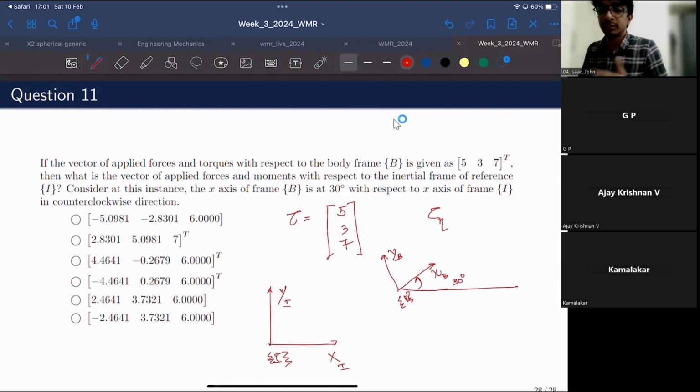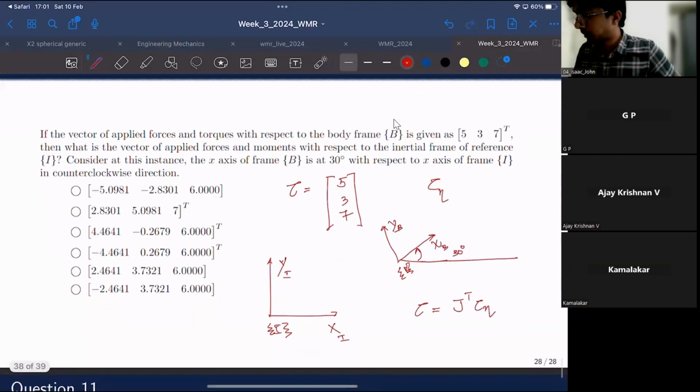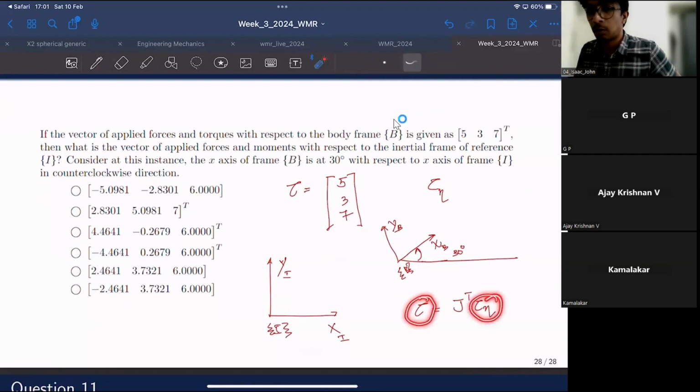From the conservation of power, we have basically discussed the mapping between tau and tau eta. If you can recall, I think tau is J transpose tau eta, right? And you have been given tau, you need to find tau eta. How will you find that?